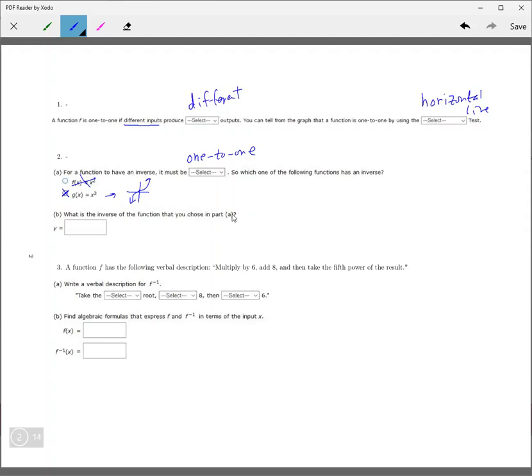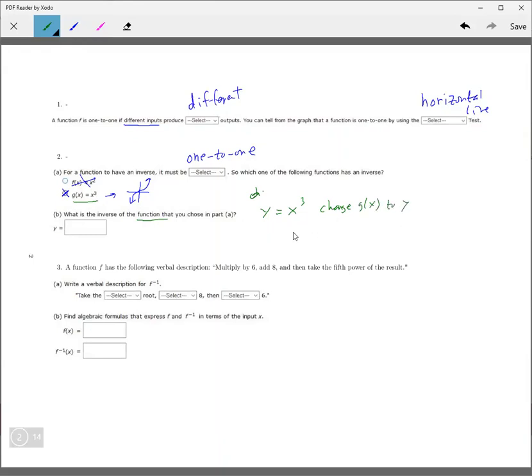Now, to find the inverse of a function, take this one right here and set y equals x cubed. To find the inverse, we change the f of x, or in this case the g of x, to a y.